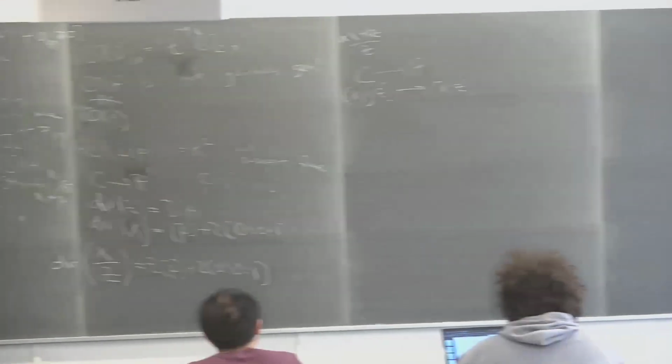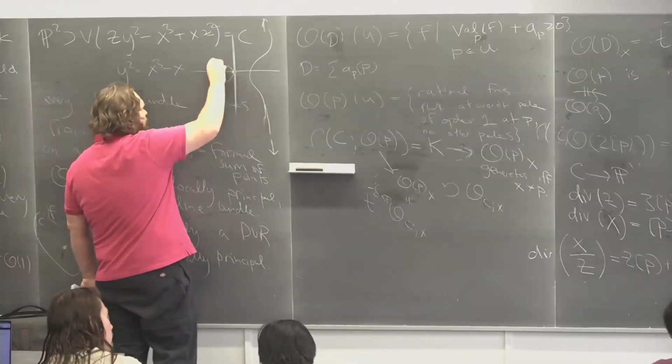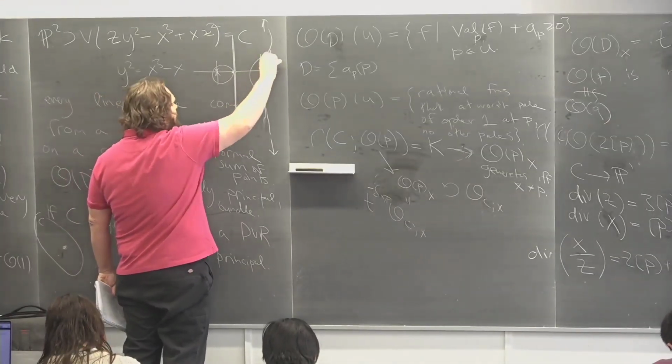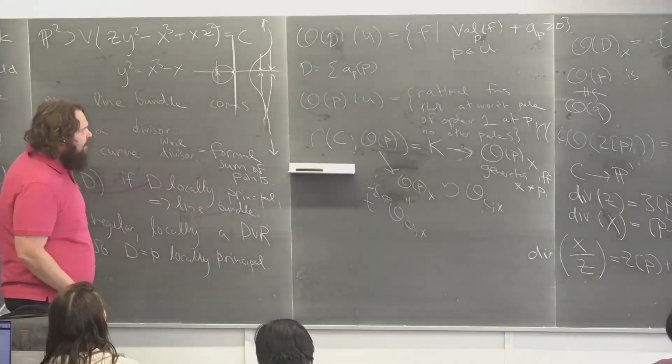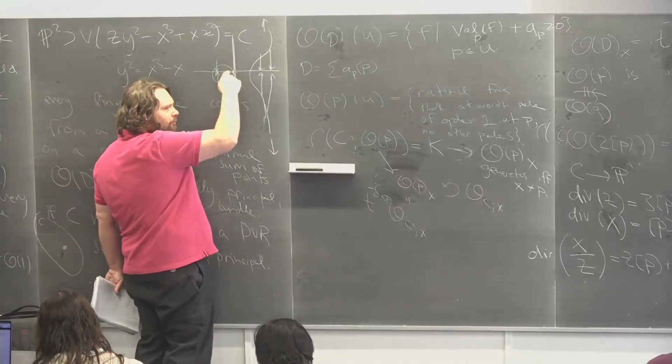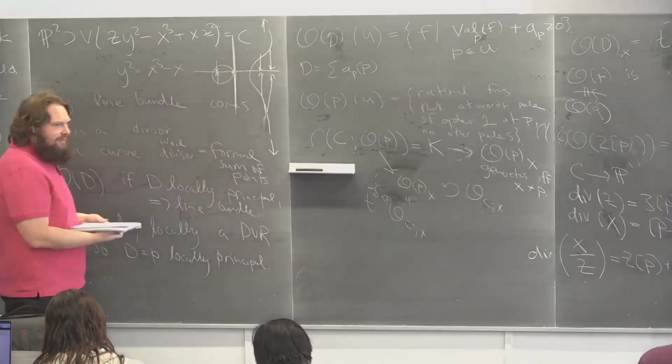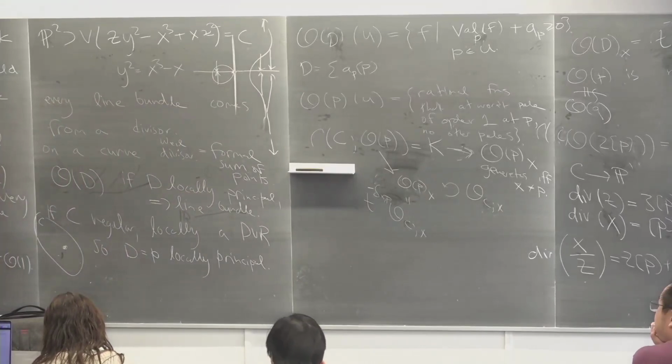If I think about it in terms of this picture, it's projection onto the x-axis. Of course, I'm only seeing the real points. There are complex points that will project to this part of the x-axis.